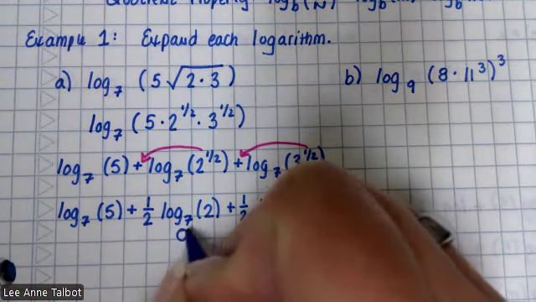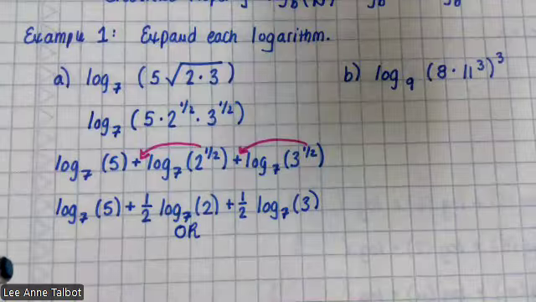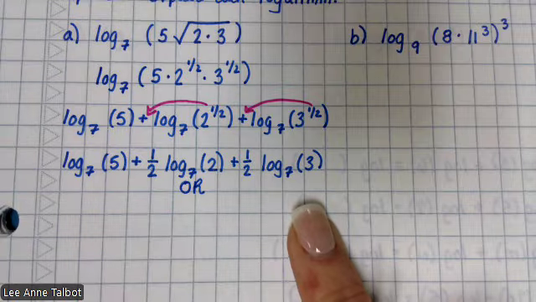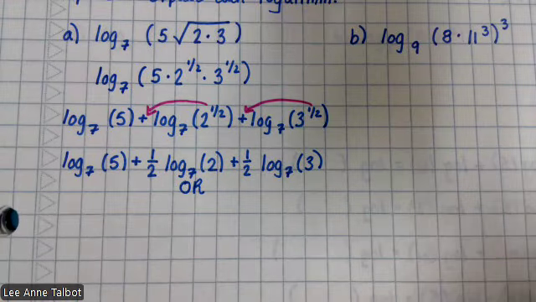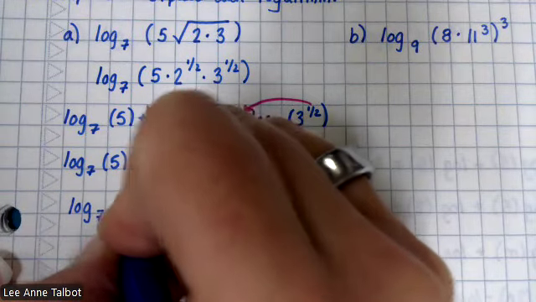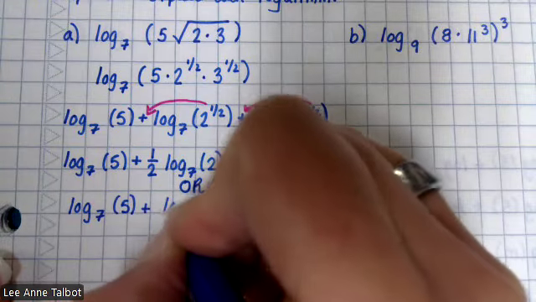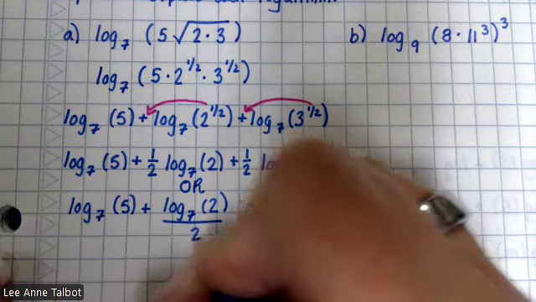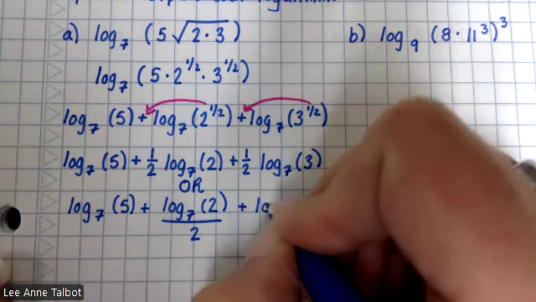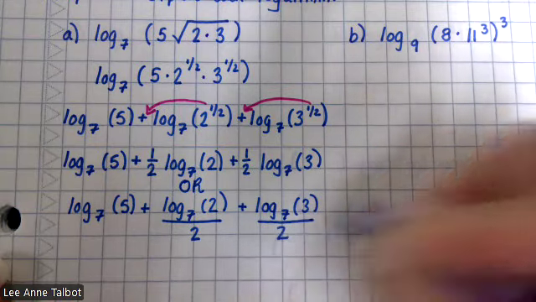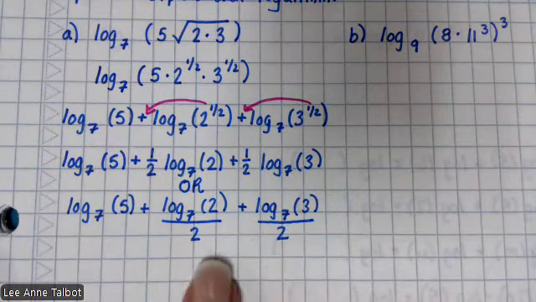Okay, now here's the bad news. This is a perfectly good final answer for Mrs. Talbot. But if you're doing one of the CUDA worksheets and the answers are listed, it won't look like this. So I want to give you a heads up. This is how your final answer would look for those.